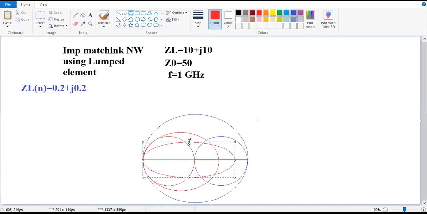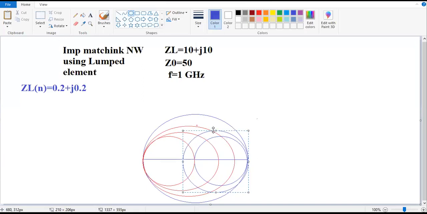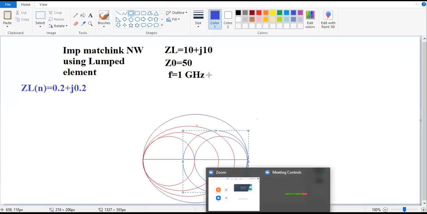We can see here, the same thing: all the red circles are your Y circles, that is, your admittance circles, and the blue circles we are plotting here are the, sorry, impedance circles. So these multiple circles are shown here.